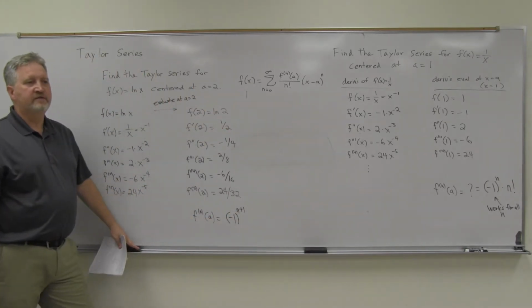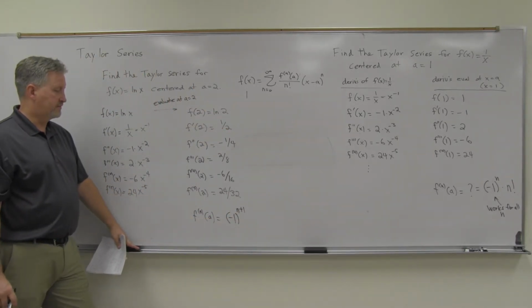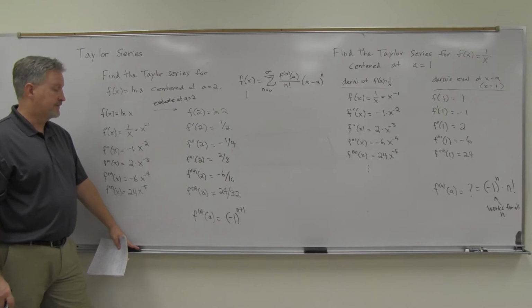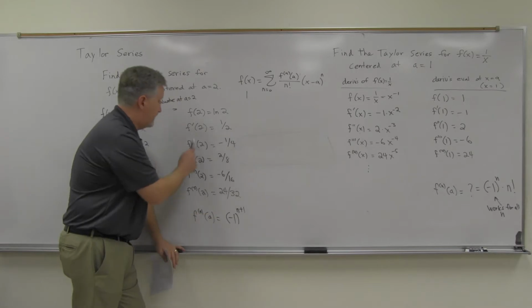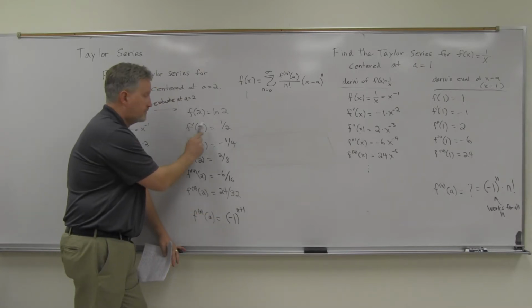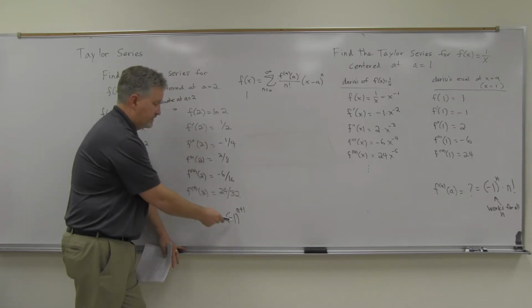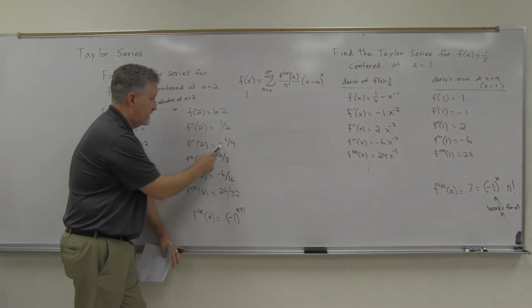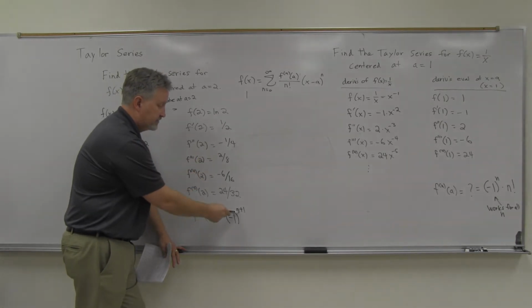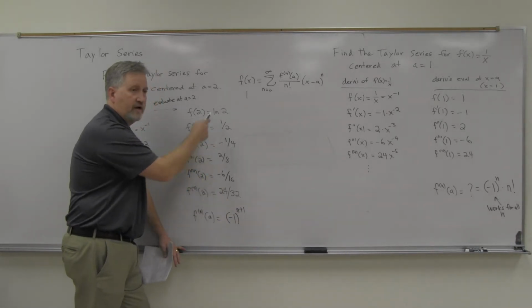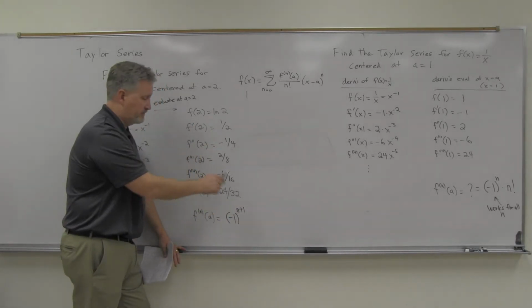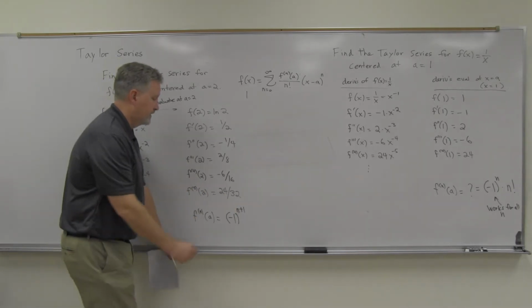That won't matter. If you do n minus 1, you get the same thing. But you see that then will match it up because at n equals 1, I would have a positive 1. At n equals 2, I needed it to be a negative 1. And so at n equals 2, it'd be negative 1 cubed, which is a negative 1. So that'll get the right sequence there. Okay, so we have to do a little adjustment on that.